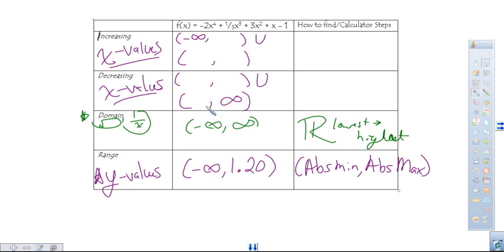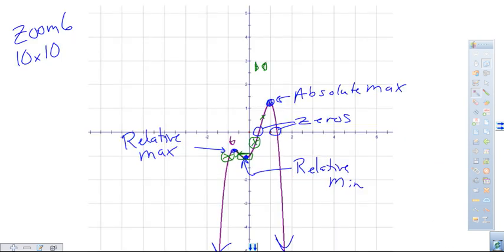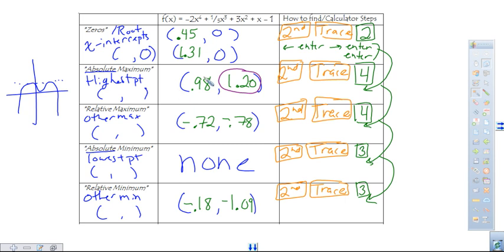To find the values in here, the easiest way that I've ever found to do this and explain this is they change at your maxes and mins. So go to your maxes and mins and circle or highlight the x values. So I have negative 0.18, I have negative 0.72, and I have 0.98.